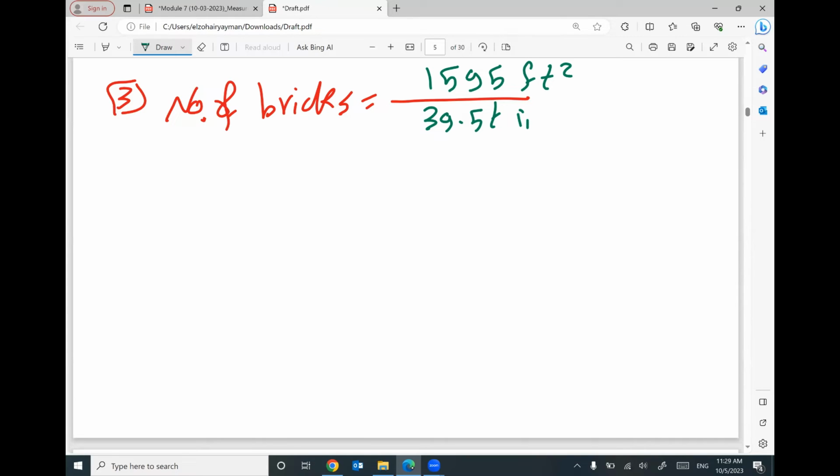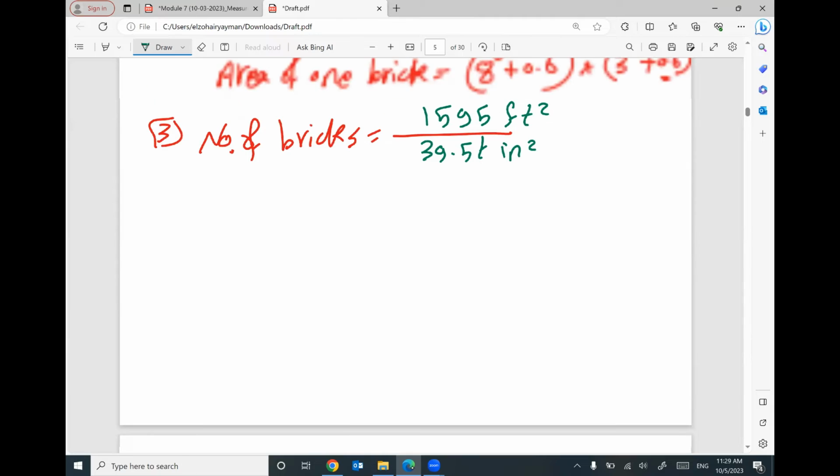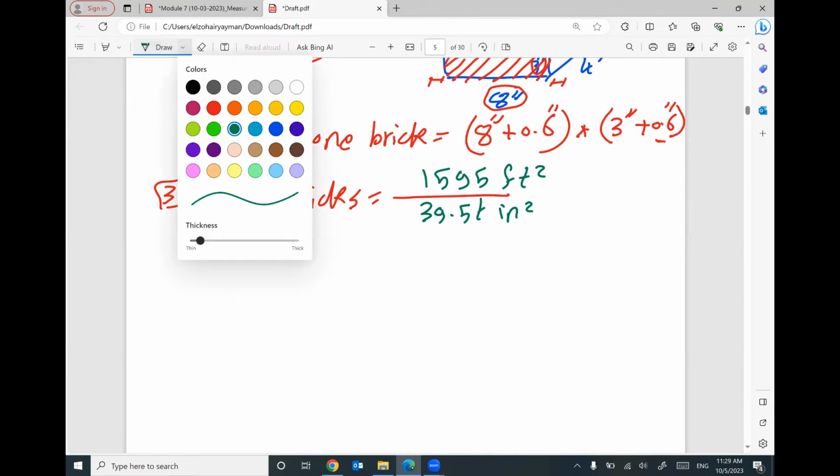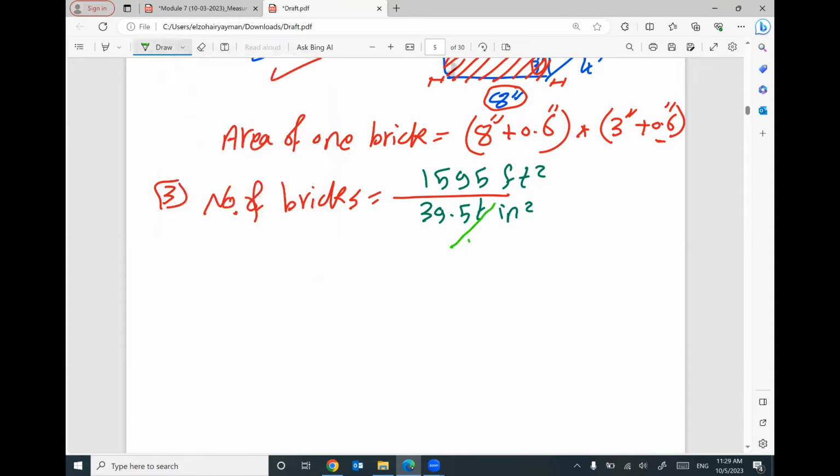But this one is in inches square. I cannot divide this one by this one. I have to convert one to the other one. I think I will divide this area by 144, or to be more specific, by 12 times 12.